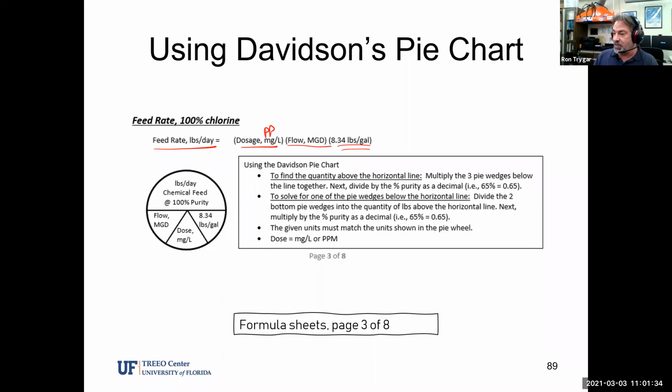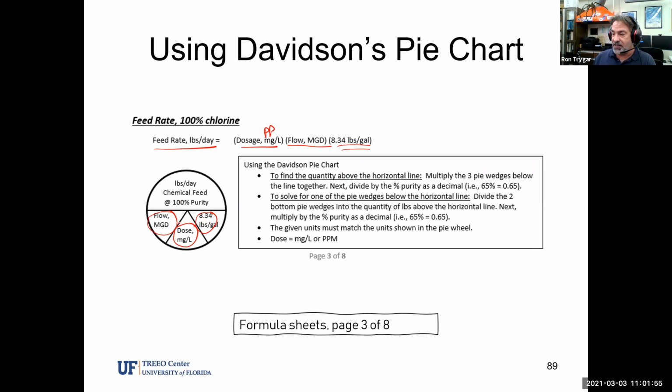So we're going to use this thing called the Davidson's pie chart, and I'll show you how to use this here shortly. The thing to know is that whenever you're working with Davidson's pie chart and you have numbers that fill in these little pieces of the puzzle, they're always multiplied together before we do anything else.